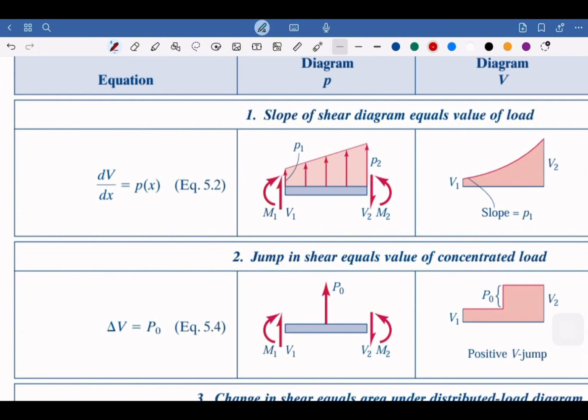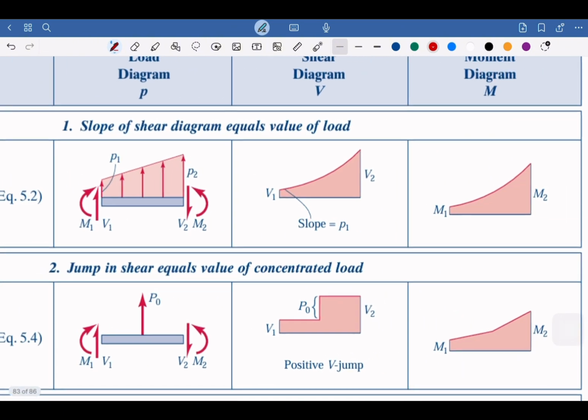As we saw from the previous triangular shape, we are going to have quadratic equations, a smooth curve representing the quadratic equation.